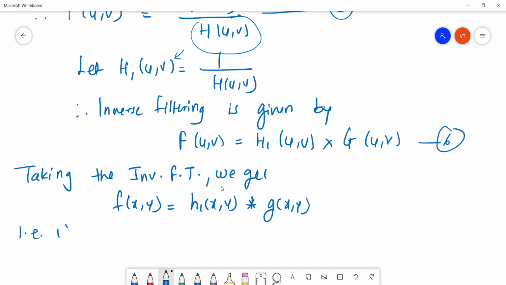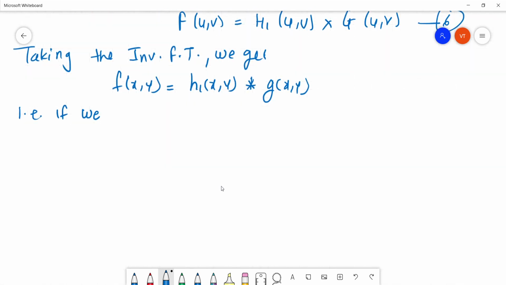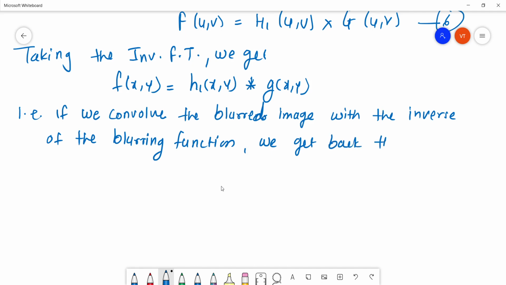That is, if we convolve the blurred image with the inverse of the blurring function, we get back the original image.